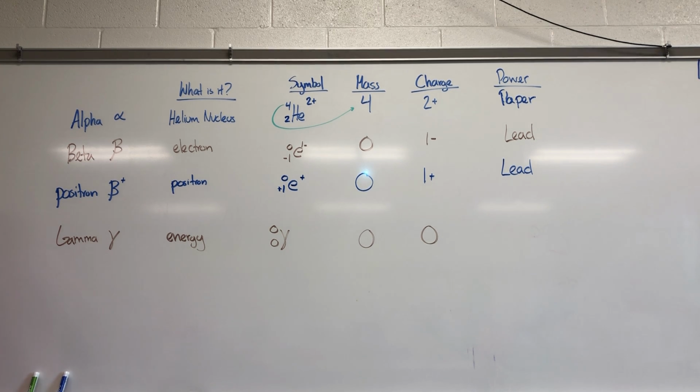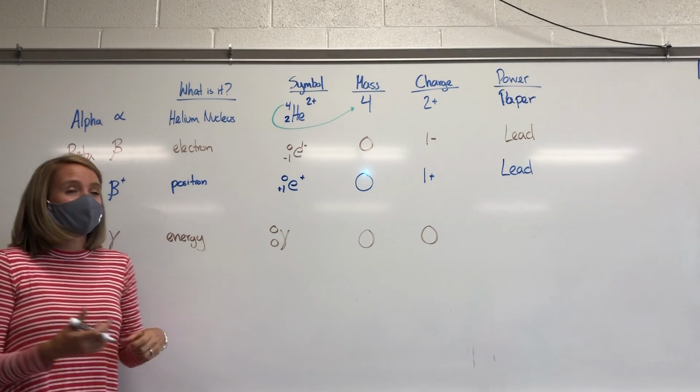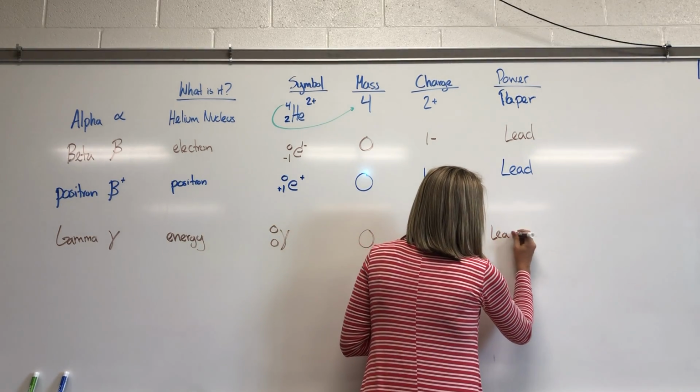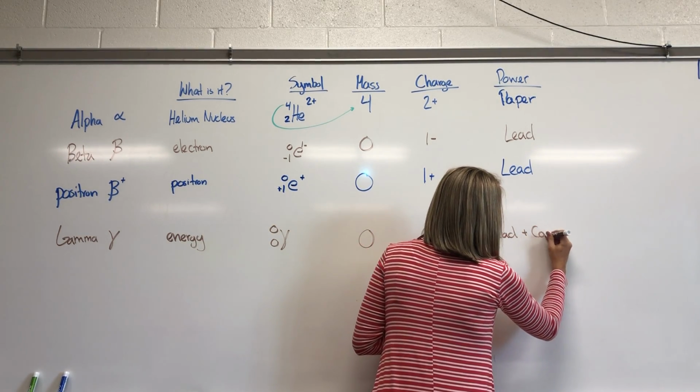And since this is the highest energy, pure energy, it has the strongest power. This is the type of radiation we try to avoid. In order to stop gamma radiation, you need a combination of lead and concrete.